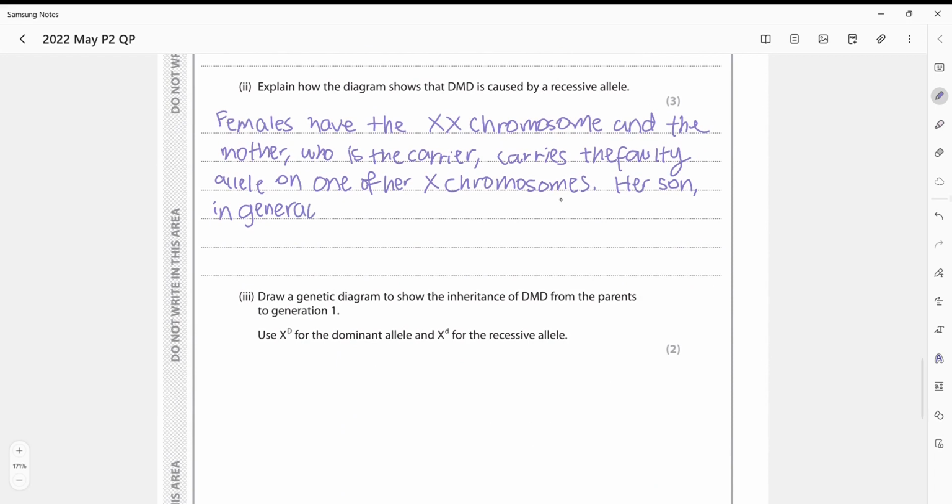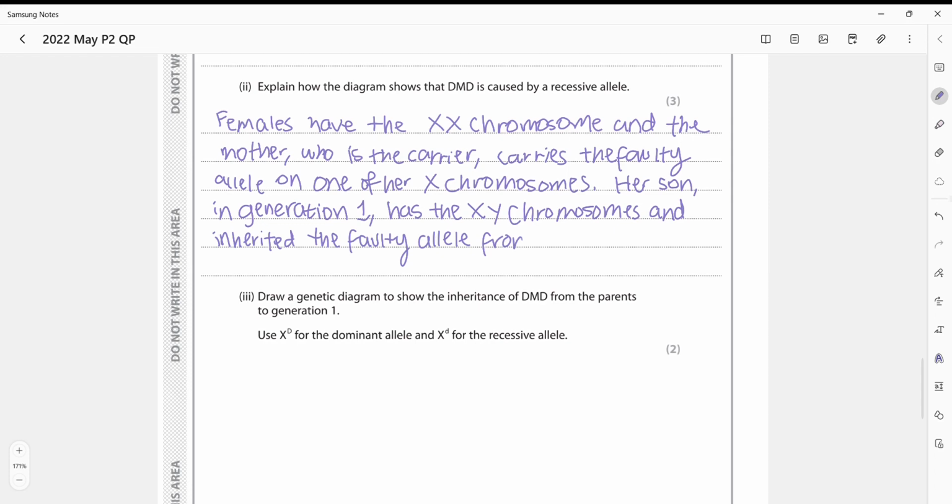In generation 1 has the XY chromosomes and inherited the faulty allele from his mom, or his mother.